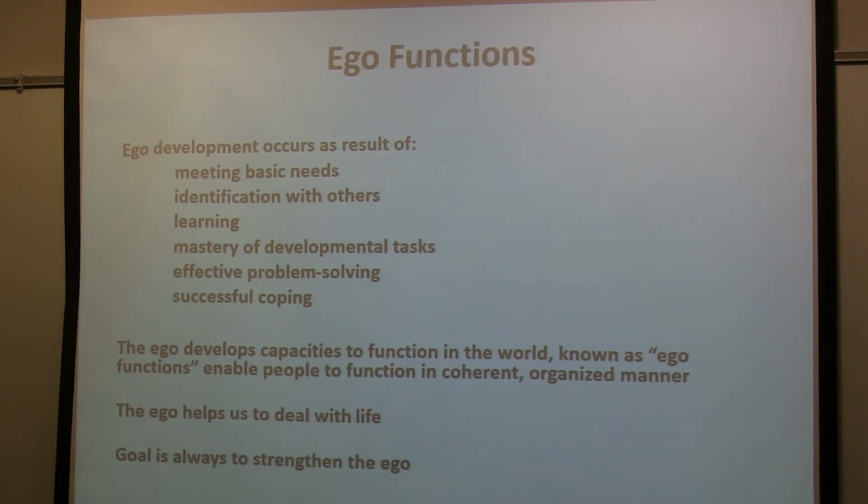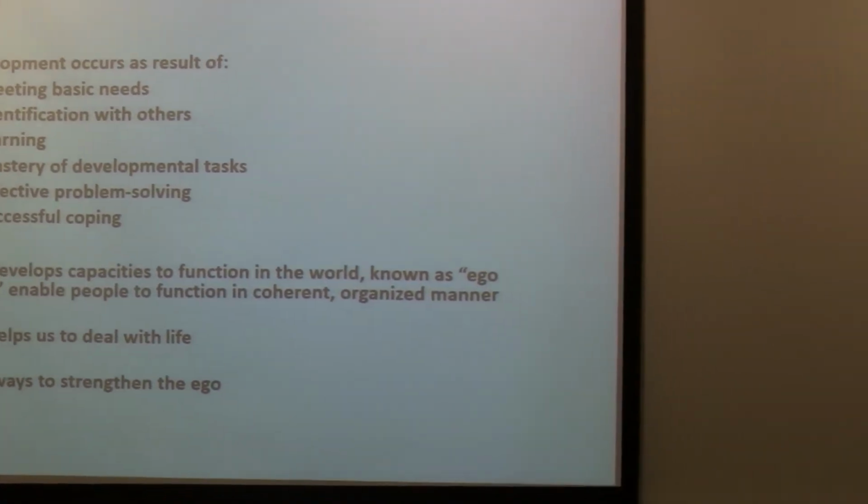The goal of the work with our clients is always to strengthen the ego, which increases the ability of clients to problem solve, be empowered, to take action on their own behalf, and to get through life with a certain level of resiliency. So ego strength is really important, and is important for us to think about in our work with clients.